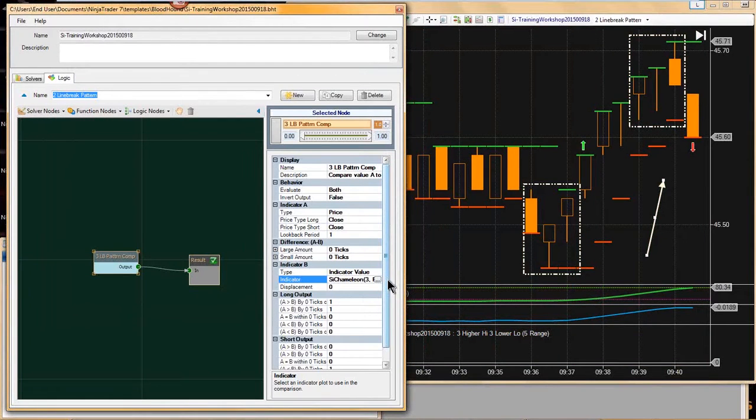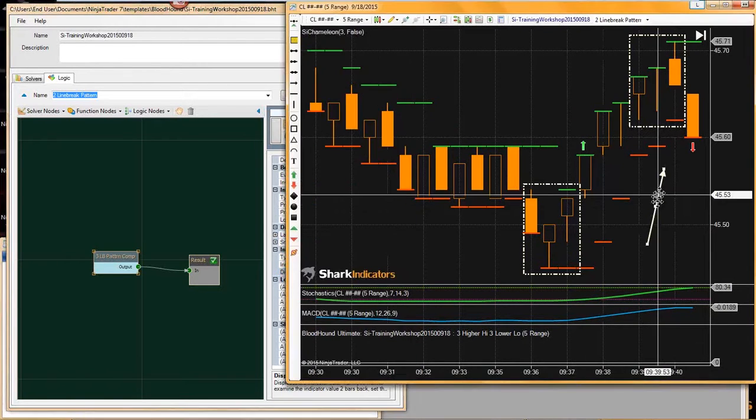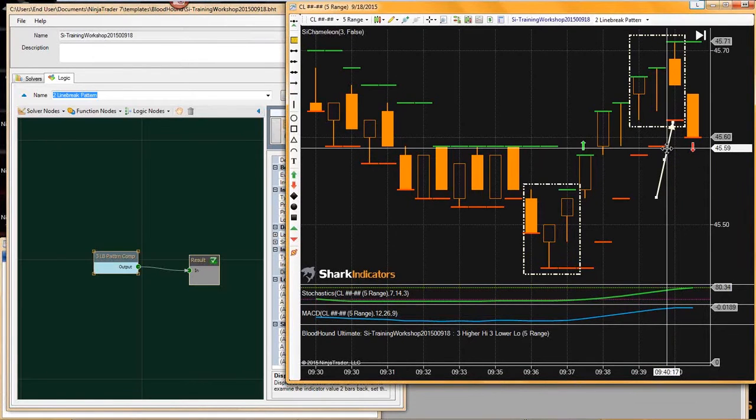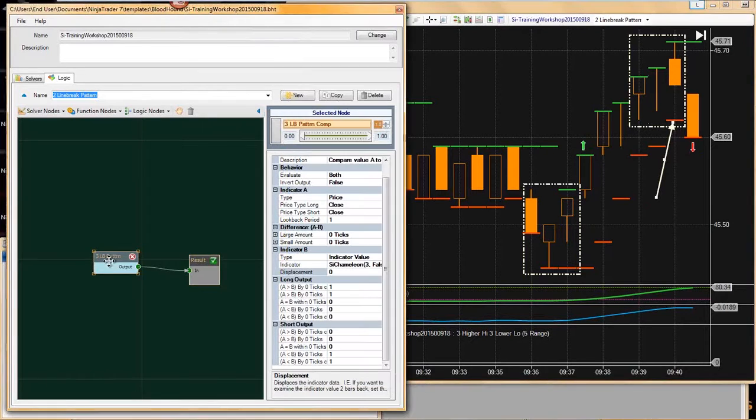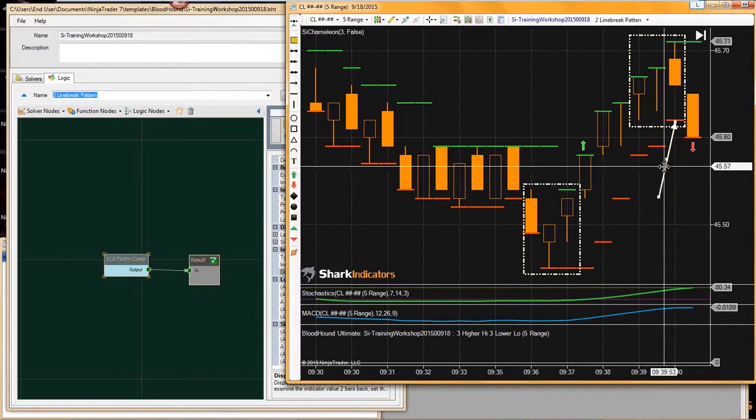All right, see there's nothing happening here. And why is that? Well, remember, we're looking back one bar to chameleon. The way this solver is set up, we're looking at the closing price of the bar and comparing it to the plot of the current bar, but we need to compare it to the plot of the previous bar.